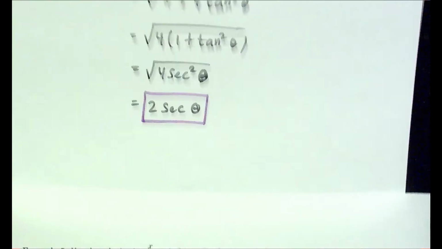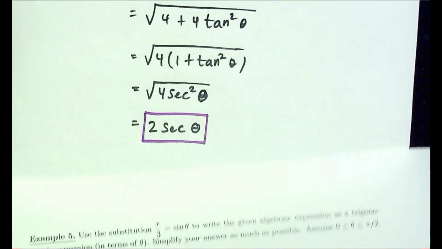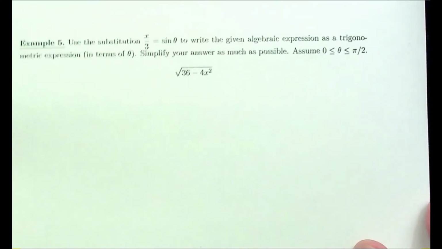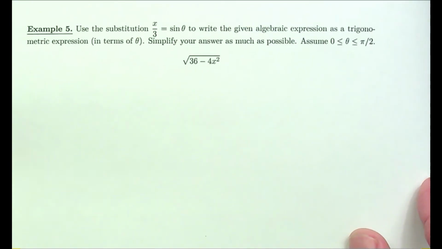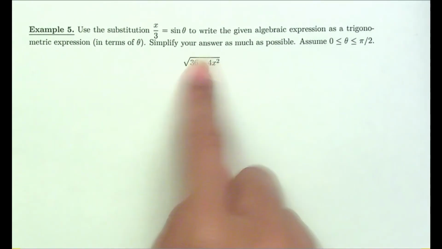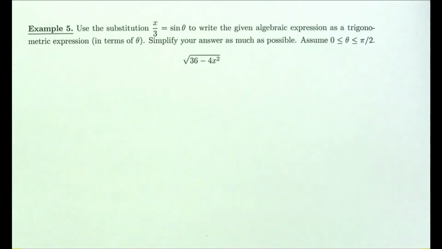If you got that, maybe you should try this one. It says, use the substitution x over 3 equals sine of theta to rewrite this expression. So give it a shot.